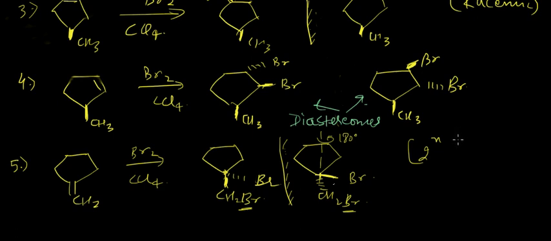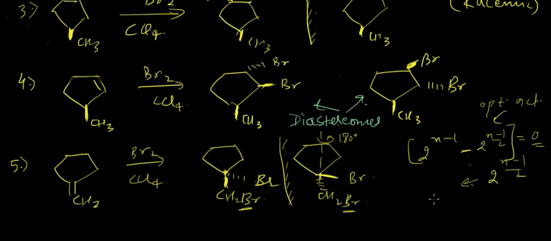It is symmetrical, and it has an odd number of chiral centers, so the meso compound count is 2 to the power n minus 1 by 2, and 2 to the power n minus 2 to the power n minus 1 by 2 is the total number of optically active compounds. So this comes out to be 0, and this comes out to be 1.